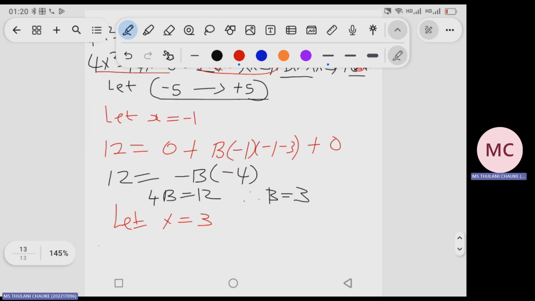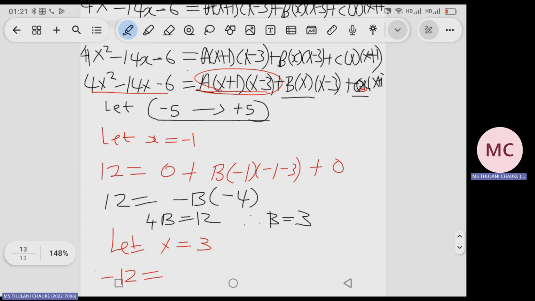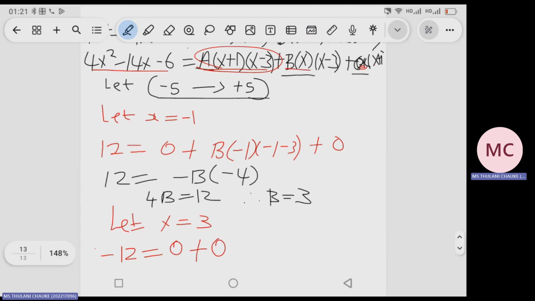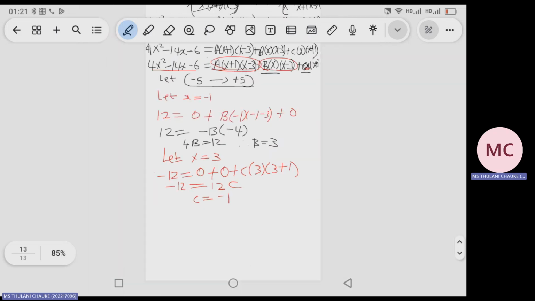If I'm substituting 3, I'll have -12 being equal to, for this part, 0 plus 0 also for that part, plus c. So this will enable me to calculate the value of c. And this will be 12c equals -12. My c will be -1.